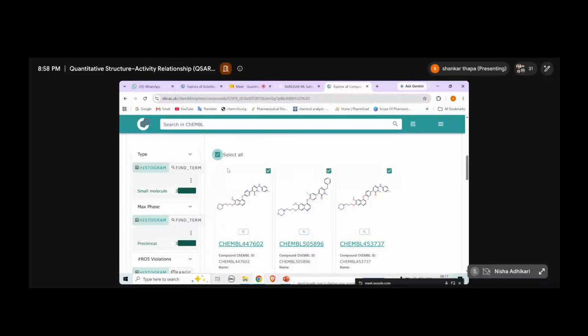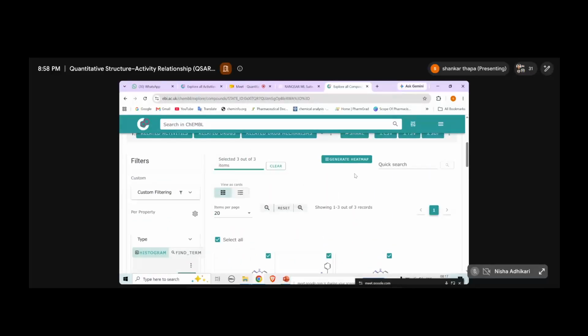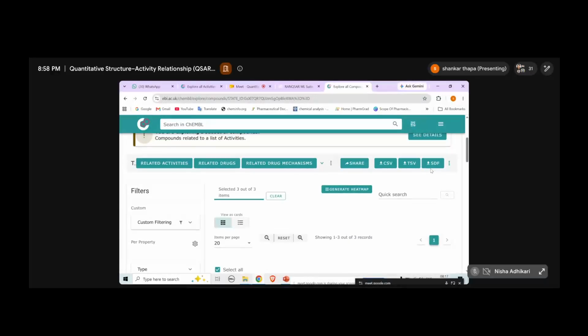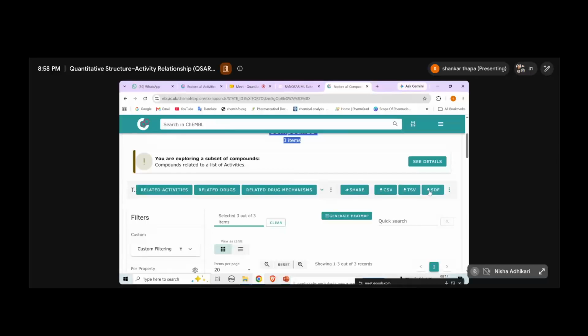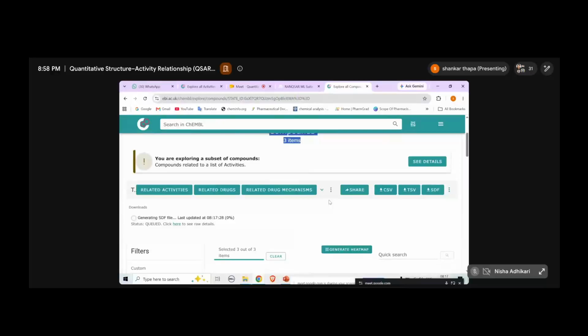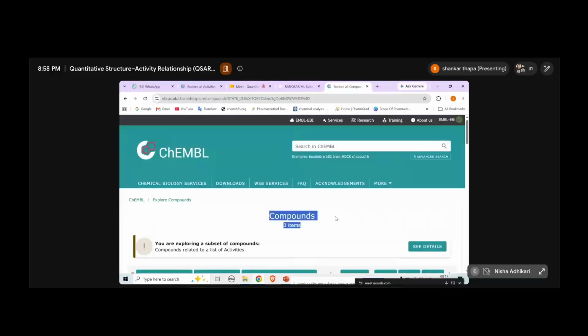Select all. Now you have options like SDF format, the structure data file format. You can click this SDF format and download those structures, and then use them for QSAR development. This is how we can collect the data.